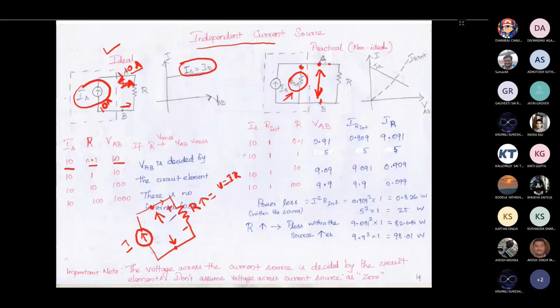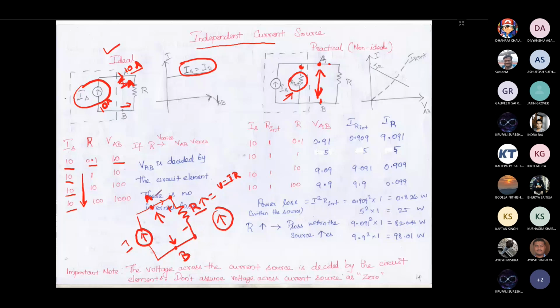Now the current is the same for all the elements, and we are changing the resistance. If we increase the resistance in this fashion, the voltage across this resistance is going to increase. What people found is, when the voltage across these terminals, A and B, increases, the voltage across the terminals equals the voltage across this resistor.